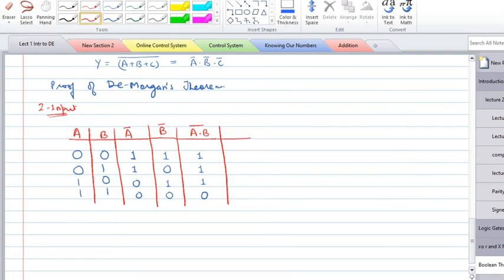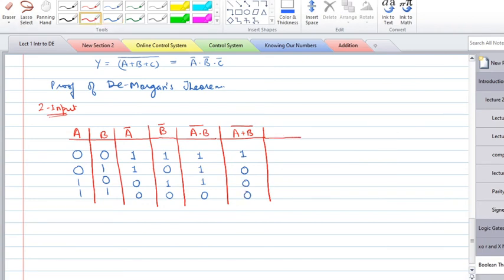Similarly, the value of A + B whole bar will be 1, 0, 0, 0.